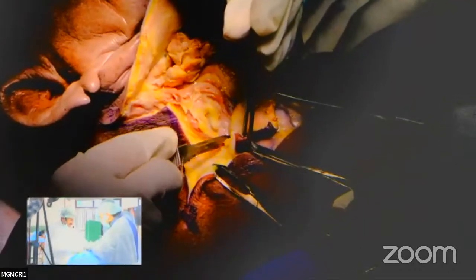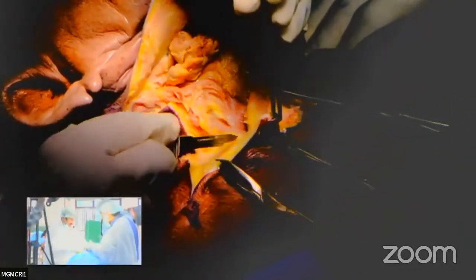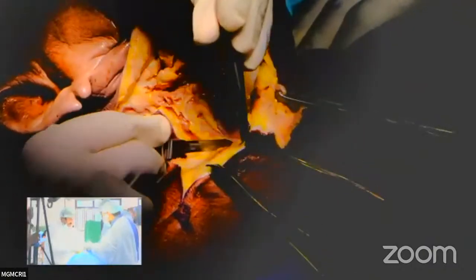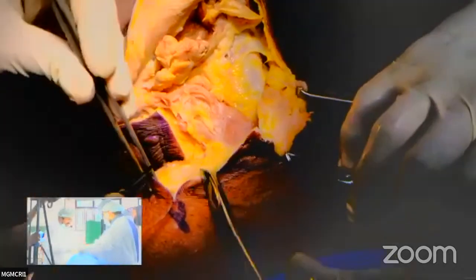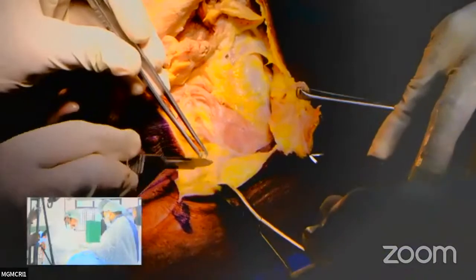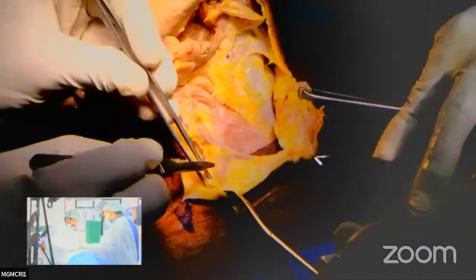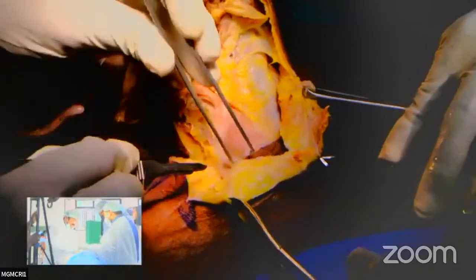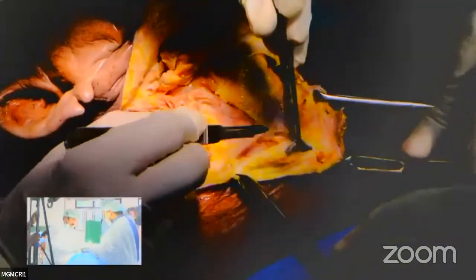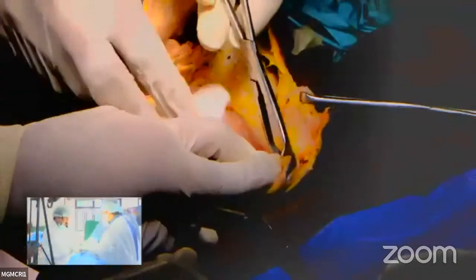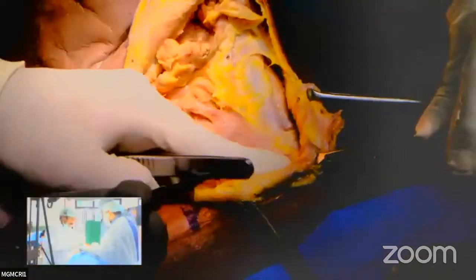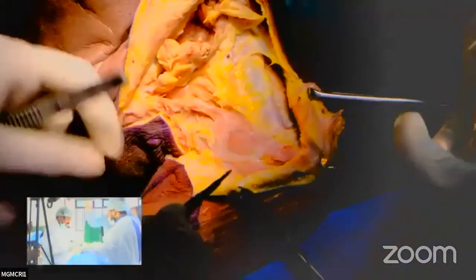This anterior flap is quite easy because you have the sternocleidomastoid as your landmark above which you can keep dissecting. So we have taken it down up to the clavicle. The next step is raising the posterior flap.